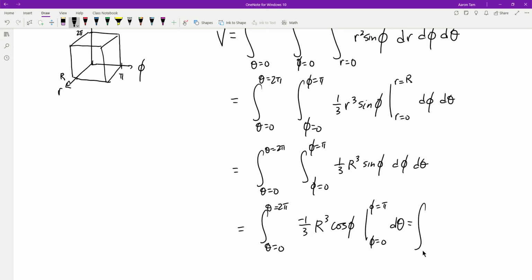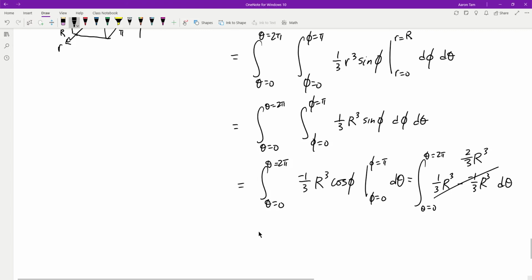So if I plug in pi first, cosine pi is -1. So that becomes 1/3 R to the third, minus, if I plug in 0 for phi, cosine of 0, which is +1, so minus 1/3 R to the third d theta. So that just happens to be 2/3 R to the third d theta.